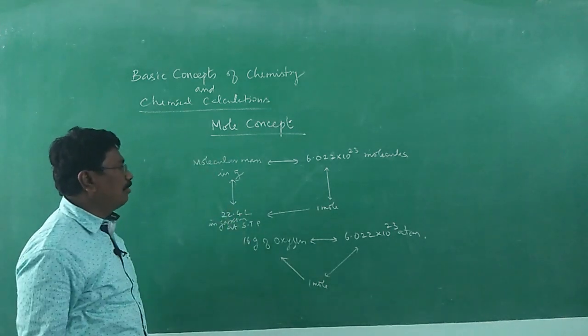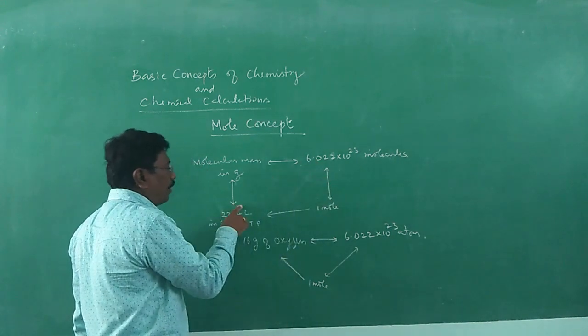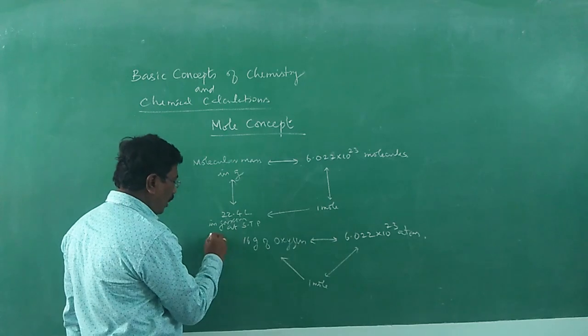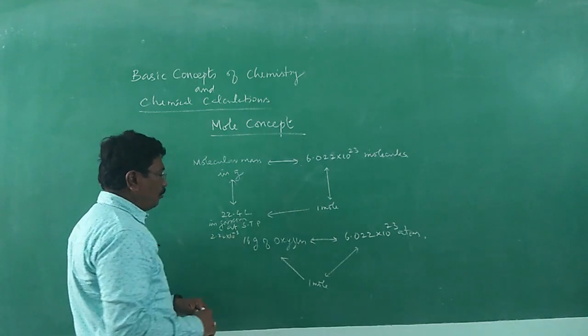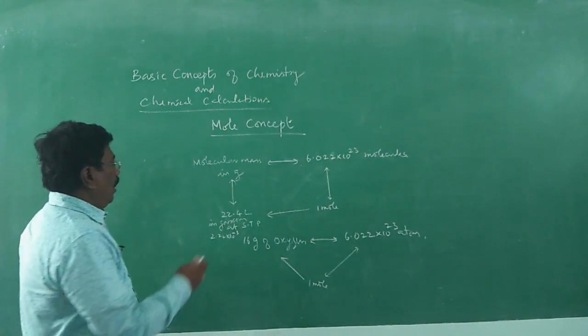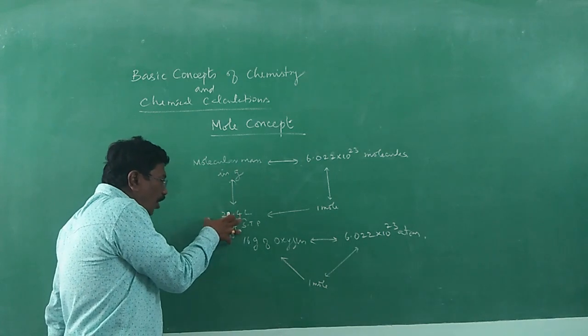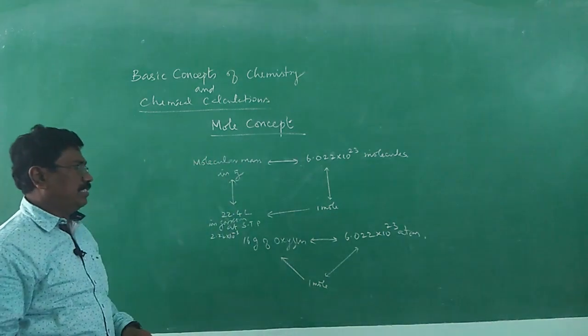It is said to be molecular mass. What does that mean? 1 mole of any gas at STP will have 22.4 liters, or 2.24 in 10 power minus 2 meter cube. And this much volume of any gas at STP will have 1 molecular mass of a substance.